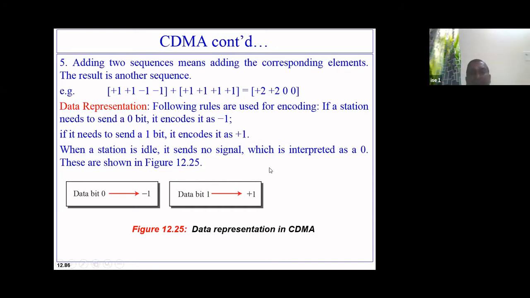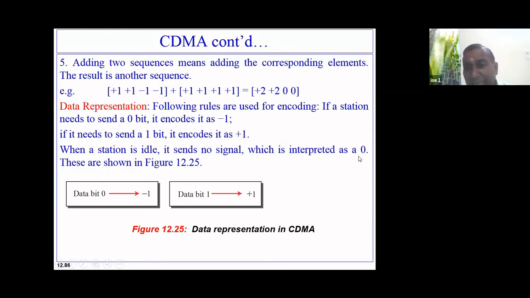If a station doesn't want to send any signal, that signal is taken as 0. So I have three types of signal: minus 1 representing a 0, plus 1 representing a 1, and 0 means sending nothing.